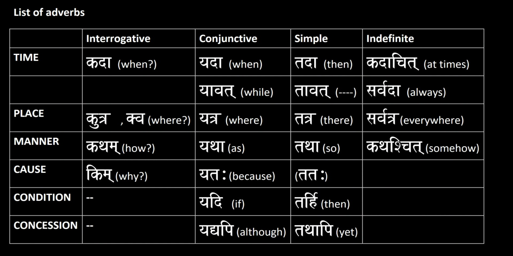Now, although there are words in both the interrogative and the conjunctive section that both code for when and where, they are used differently. Kada is more like asking a question. When are you going to the movies? And kutra and kva would be where are you going, for example.